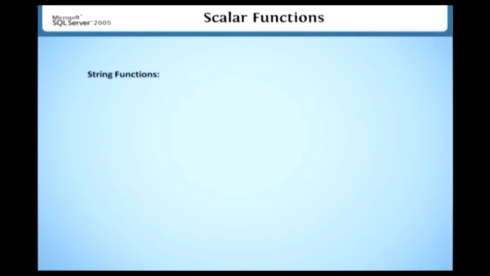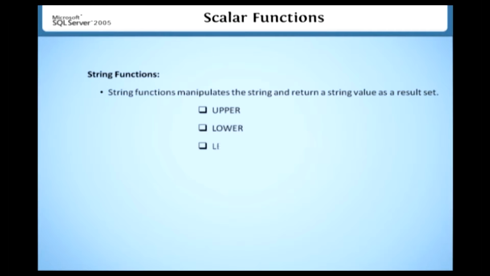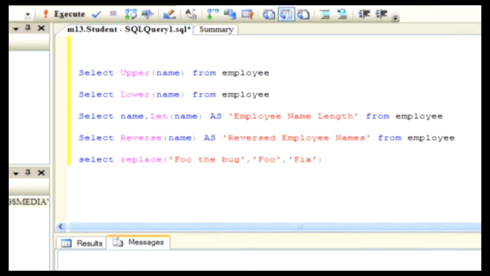First, we'll see the string functions. String functions manipulate the string and return a string value as a result set. They are upper, lower, length, reverse, replace. Now we will see each type in detail. Upper function converts all of the lowercase characters in a string to uppercase.